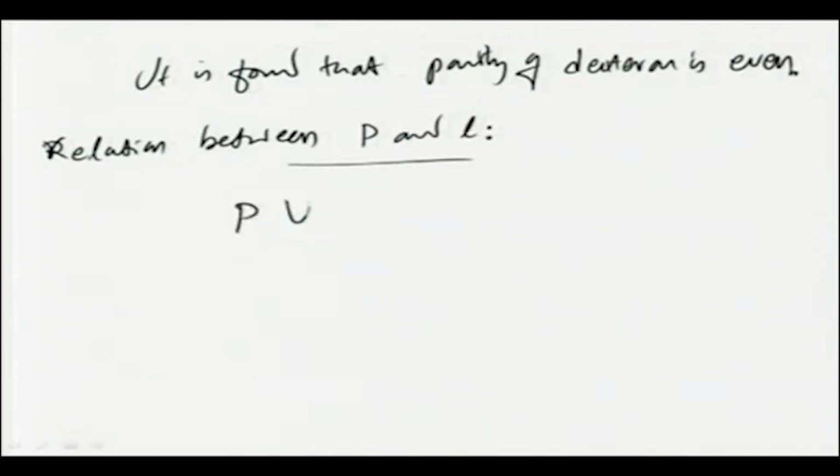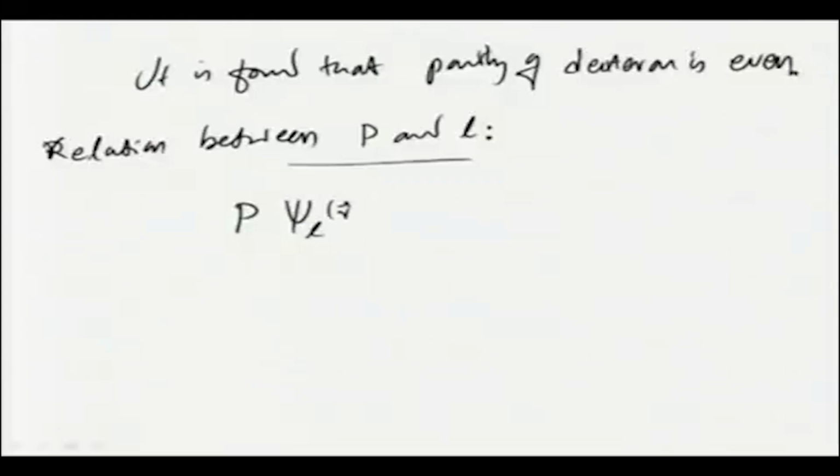If L is the orbital angular momentum of a particular system, I can denote the corresponding wave function as psi L, and we can actually show explicitly that in this case the value of the parity is minus 1 to the power L. We know L can take integer values including 0, and therefore the parity is either plus 1 or minus 1.